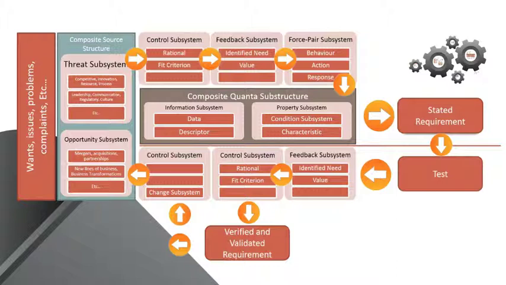So really what we're doing here is we're taking raw material, threats, opportunities, wants, needs, problems, etc., and we're putting it through a requirements assembly machine. And what we get out of that is a requirement that has been built using behaviors, actions, responses, conditions, characteristics, so on and so forth.